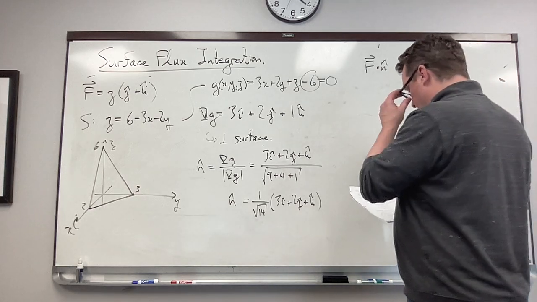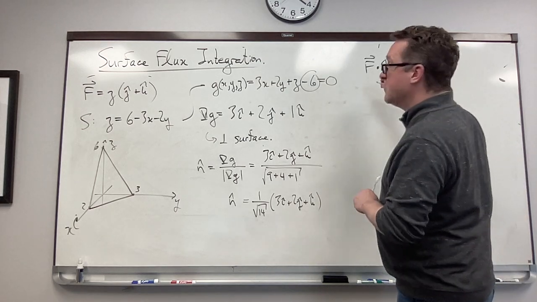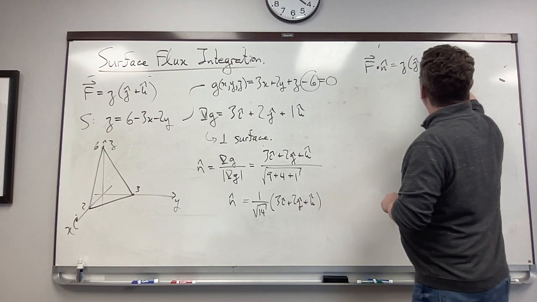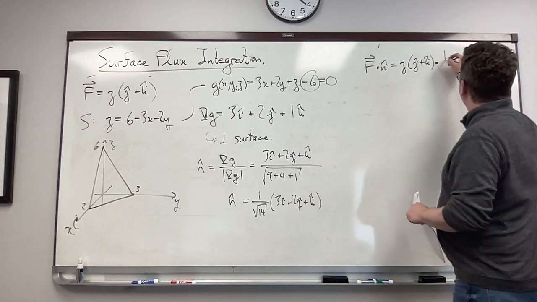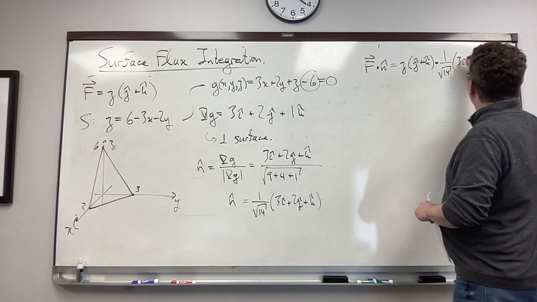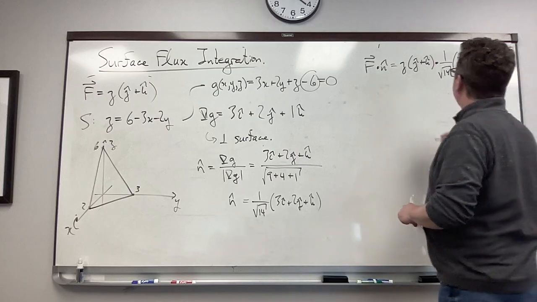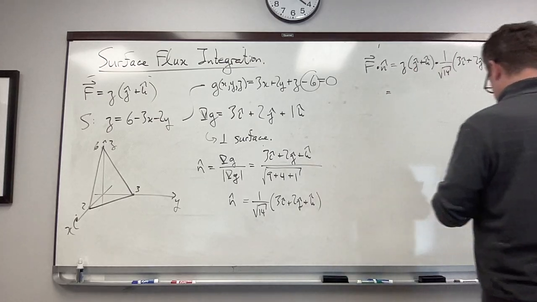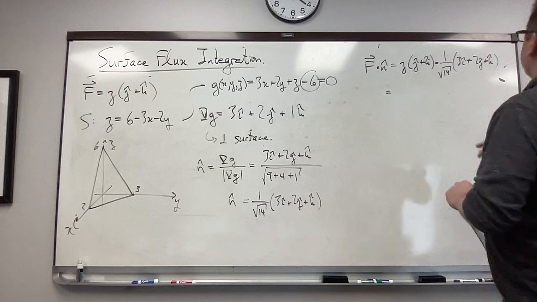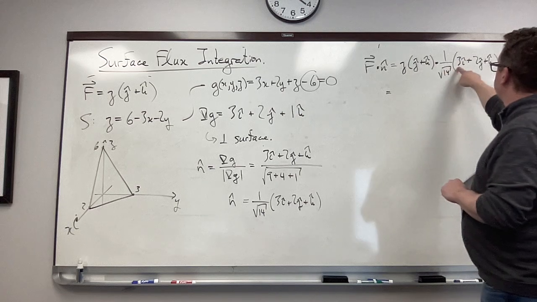Okay, so f dot n equals, what's f? We have z j plus k dot 1 over square root 14 times 3i plus 2j plus k. So there's no i component here, so this 3 is not multiplied by anything.